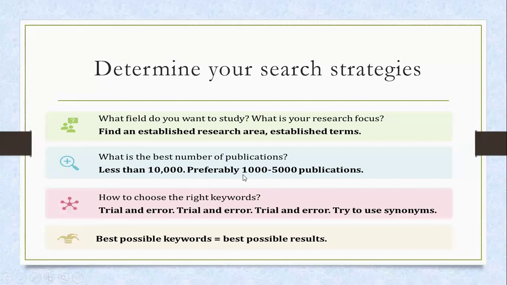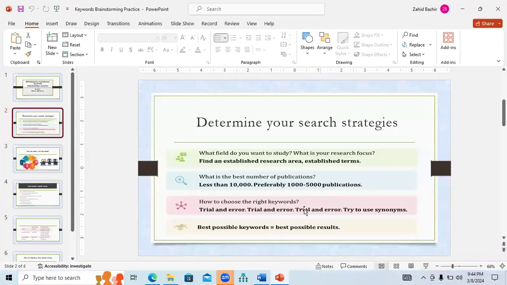So if your keywords are generating more than 1,000 documents or less than 10,000 documents, it means your keywords are effective. So we are taking the best results here.